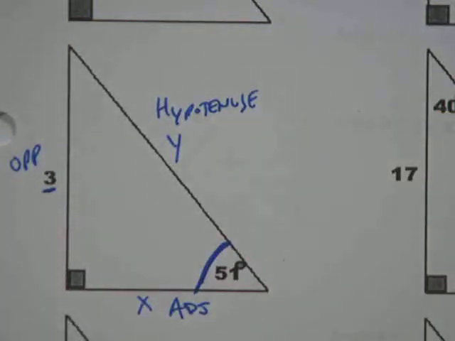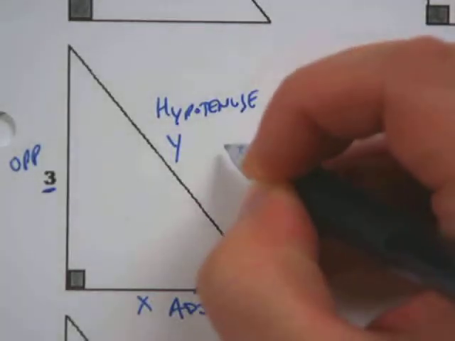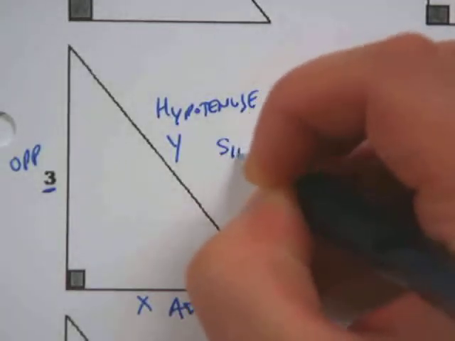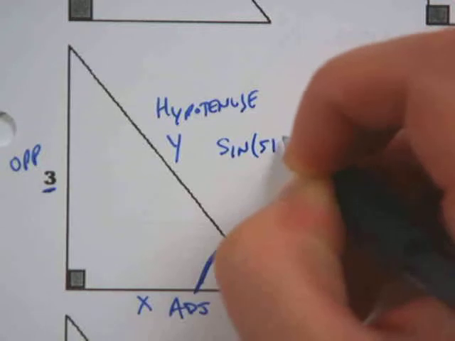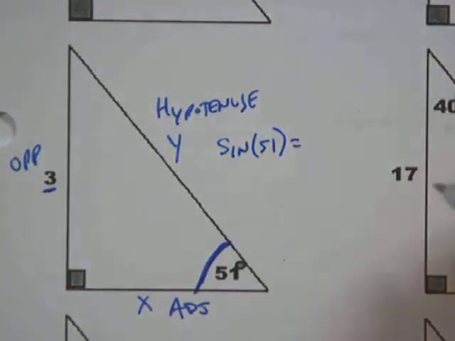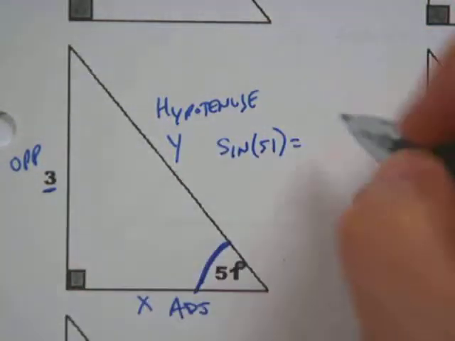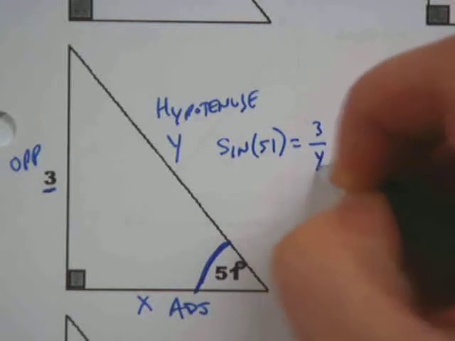Which of these three trig functions, sine, cosine, and tangent, uses opposite and hypotenuse? That would be sine. So the function I'm going to set up is sine of 51 degrees equals opposite over hypotenuse, so 3 over y.